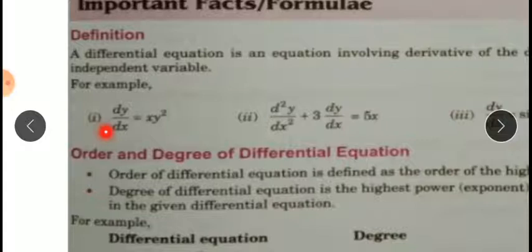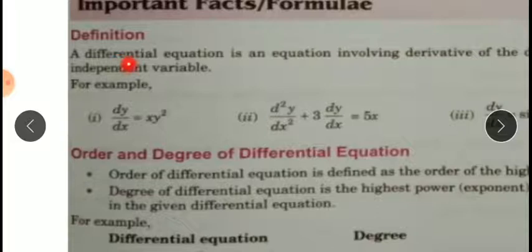Dy by dx is the derivative. Here y is known as the dependent variable, but x is known as the independent variable. Once again, dy by dx is a derivative, y is the dependent variable, and x is the independent variable.